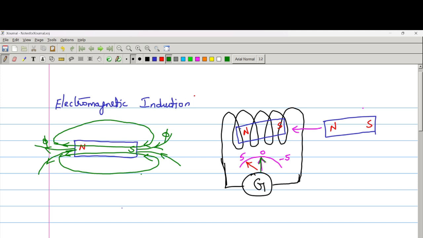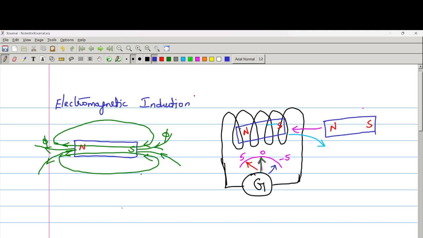Similarly, when I take this magnet outside very fast, what happens? Again the deflection will turn to the right side. That means the new deflection will be turned to the right side.